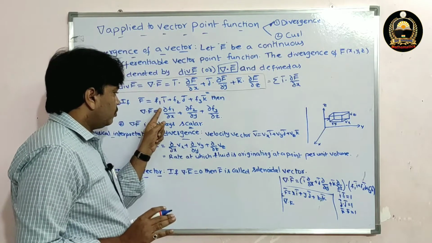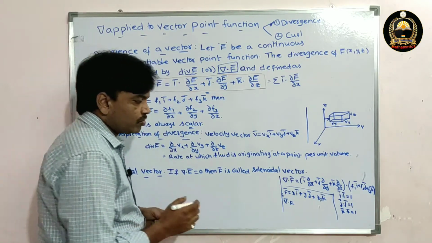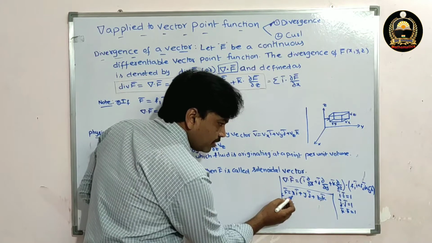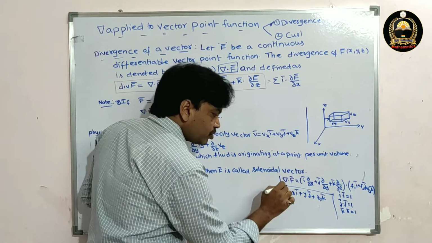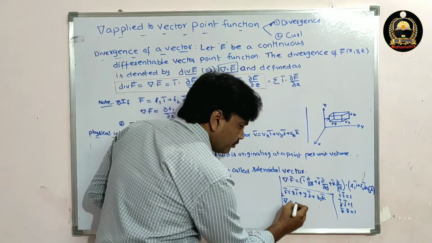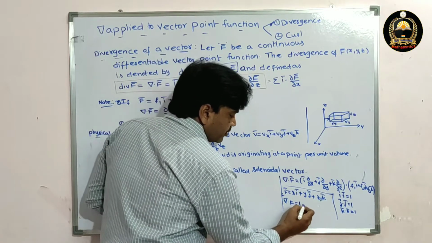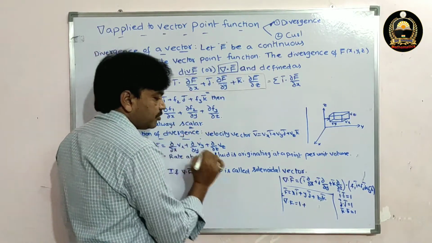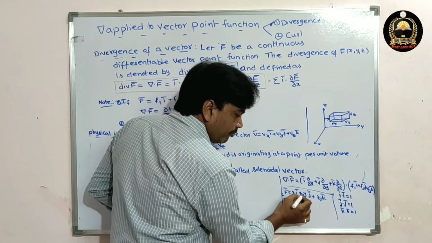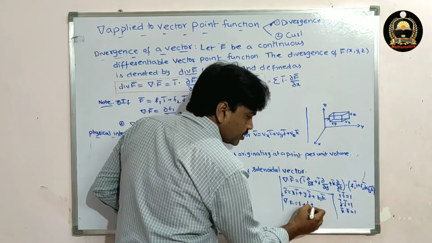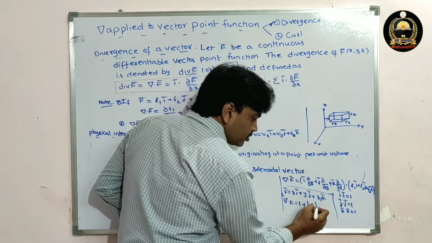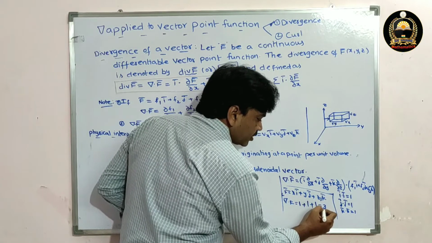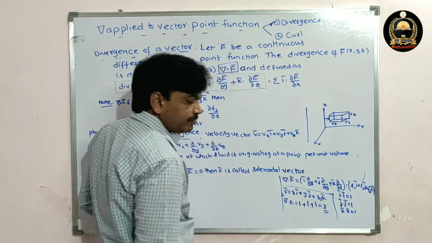Simply do dou f1 by dou x, that means you differentiate partially with respect to x. So we get dou by dou x of x is 1, plus similarly dou f2 by dou y, that means dou by dou y of y we get 1, plus dou by dou z of z is also 1. So that is equal to 3.